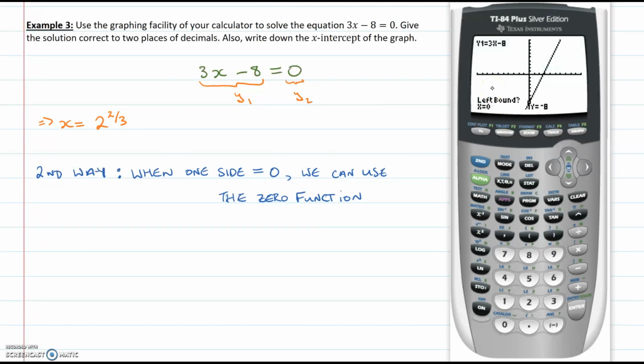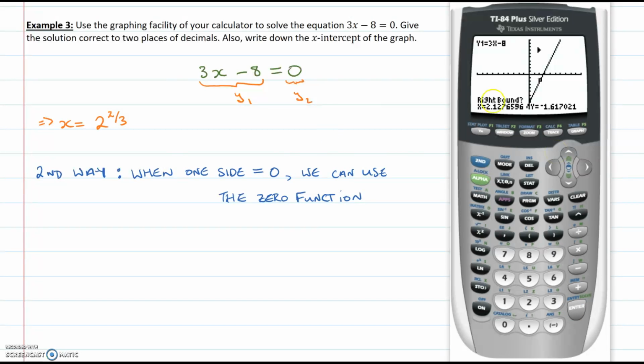What we want to do is move our flashing cursor close to where the graph crosses the x-axis, but stay on the left of that point. We've probably gone a little bit too far, so just come back to the left. It doesn't matter how far to the left, but make sure you stay left of where the graph is crossing the x-axis, and press enter one time only.